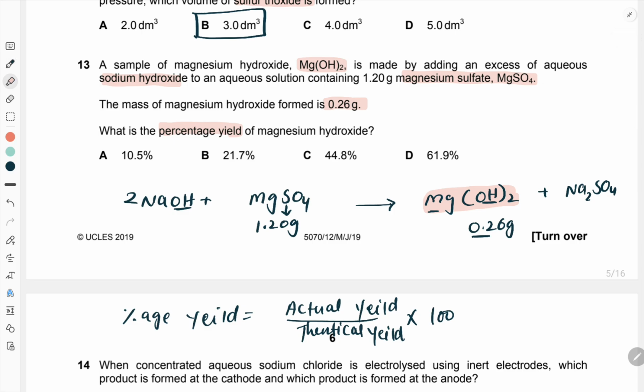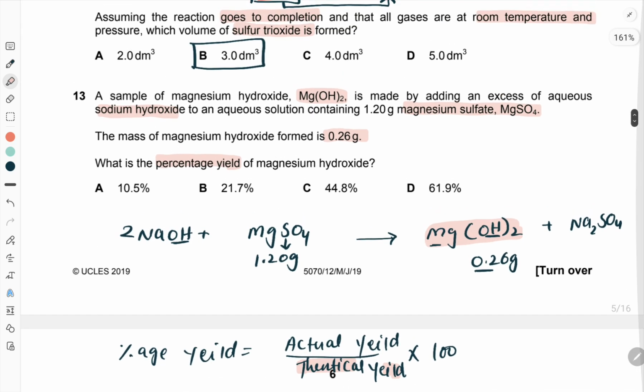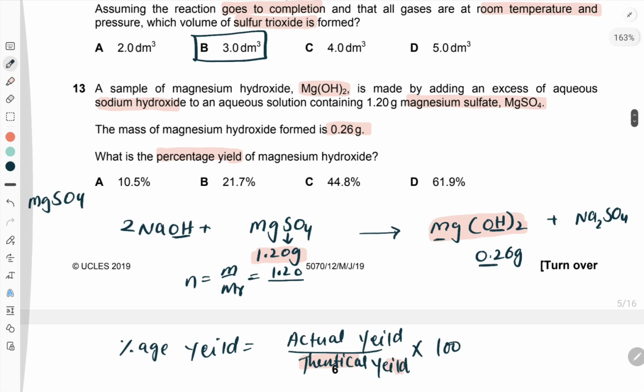Now he wants us to solve the percentage yield. For this we should calculate the theoretical yield, which can be calculated using the mole ratio. Now you have 1.2 gram of magnesium sulfate. We can find the moles of magnesium sulfate using m over Mr. The mass of magnesium sulfate is 1.20 gram, and the Mr of magnesium sulfate: there is one magnesium, so it will be 24.